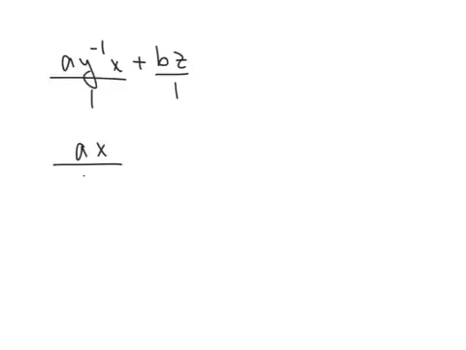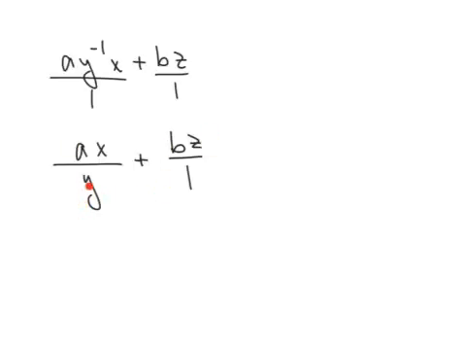Alright, so I have a y to the minus 1 x plus b z. Let's go ahead and put both of these over 1. Make them both fractions. In the first one, our y is in the wrong place. It needs to go on the bottom. On the second one, nothing needs to be moved because everything is in a good place. But I do need to add these two together, so I need a common denominator.